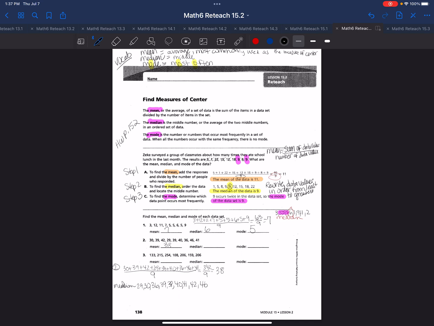Again, because I have 9, that's an odd number, so I know that the number that falls in the middle here would be 39. So that is your median.